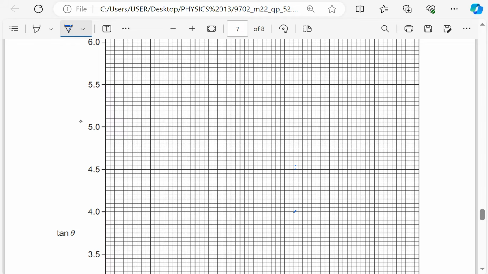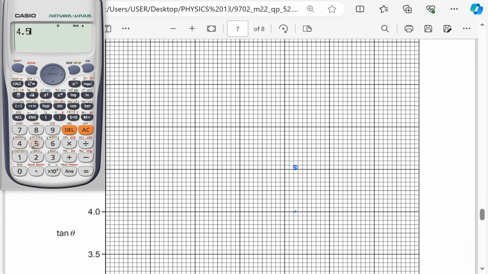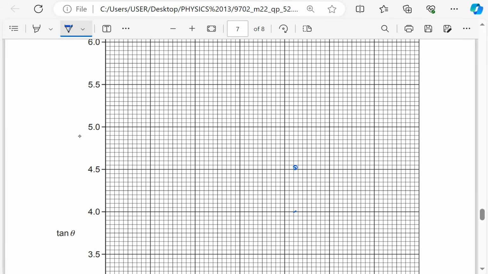So it is approximately here. I hope I'm using the scale correctly. Let me check: 4.511 minus 4.5 divided by the scale, which is 0.05. That's less than a box, so I can't put it beyond this. It is very close to 4.5, so I'll put it here.